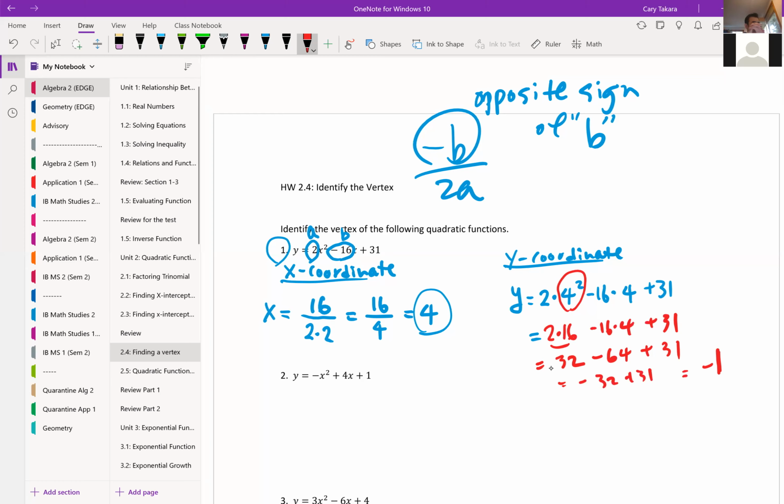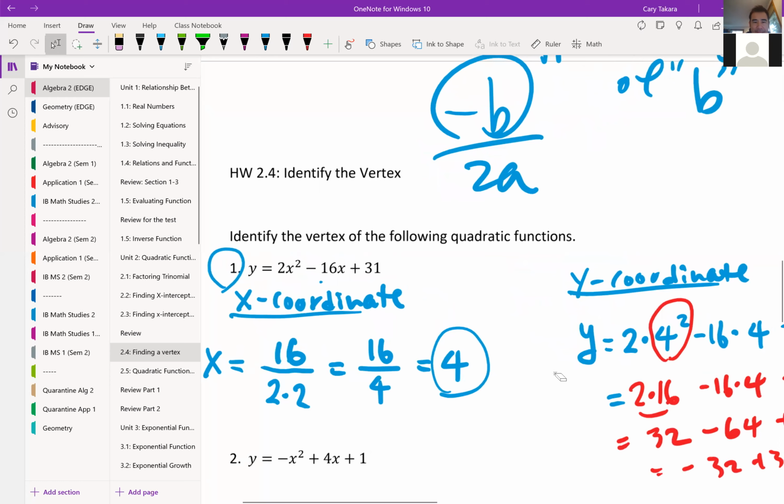Yeah, it can be really tricky. You really need to take care of the sign. The answer should be negative 1. Yeah, because again, you're plugging in 4 into x, right?